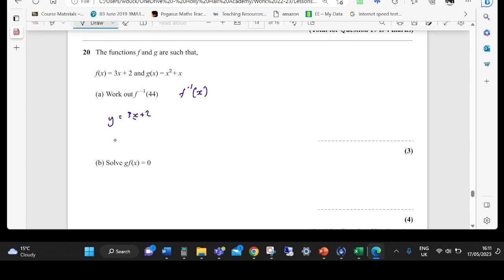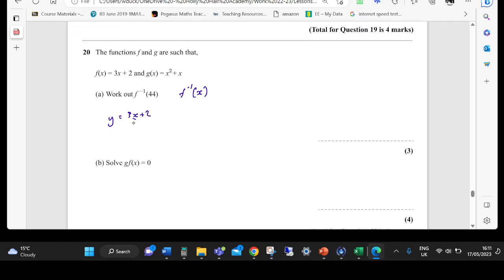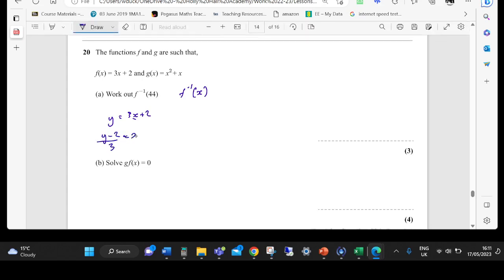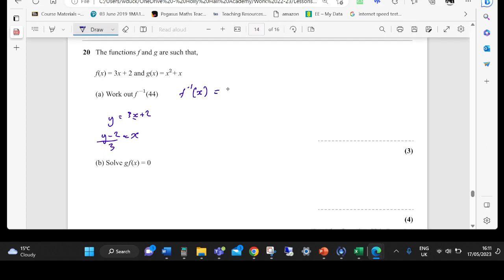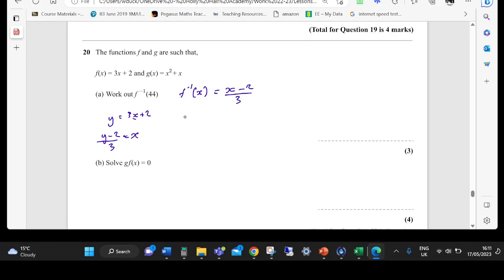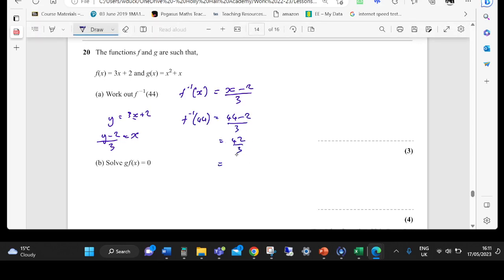I rearrange to make x the subject, and then y would become x, and x would become f to the minus 1 of x. So what we end up with is y minus 2 divided by 3 is equal to x, which means the inverse of it would be x minus 2 divided by 3. So f to the minus 1 of 44 is going to be equal to 44 minus 2 divided by 3, or 42 divided by 3, which is going to be 14.